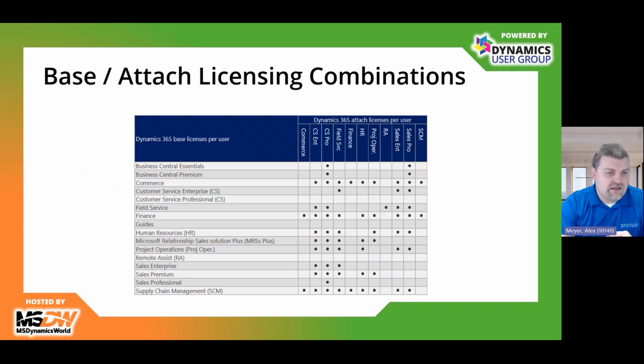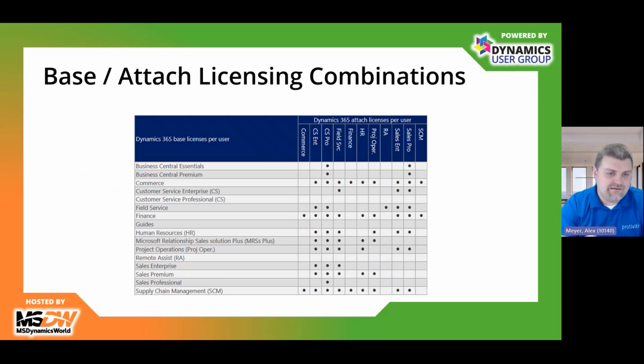And so Microsoft, again, has a nice matrix here that's available in their licensing guide that basically goes through and says, okay, here are the different base licenses you can have, and here are the different other licenses you can attach to that license. So if you have a base license assigned to the user and then you need additional licenses and you can attach those licenses, that's going to reduce the overall cost of that user instead of having all of these be separate base licenses.